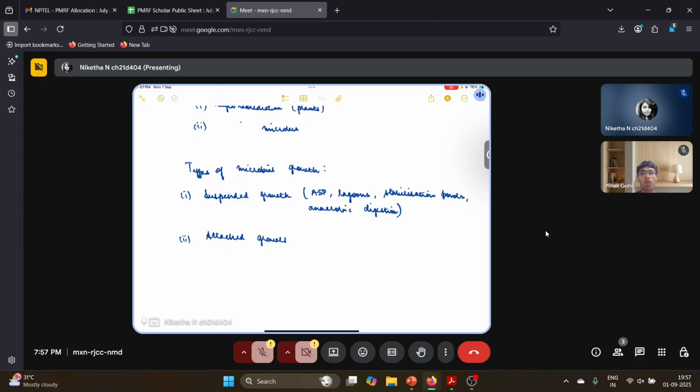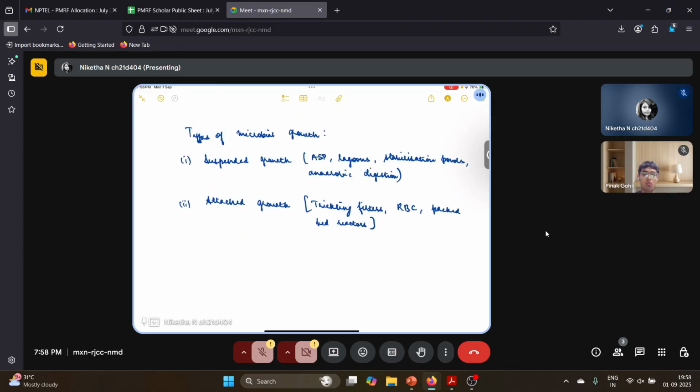Then we also have the attached growth processes, such as trickling filters, rotating biological contactors or RBCs, and even fixed bed reactors. And then we can even have a hybrid process combining both these groups.